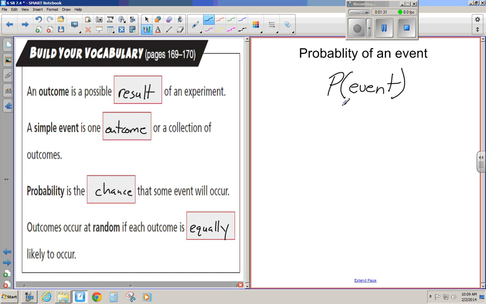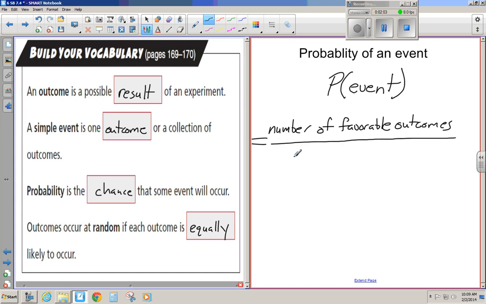So the probability of an event is equal to the number of favorable outcomes divided by the number of possible outcomes.